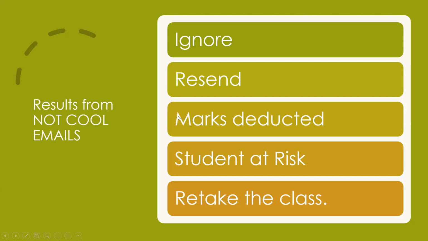Try to stay out of the realm where you get into issues, and using an email as a kind of protection for your wrongdoing. Sometimes students may also be put at risk. Student at risk means that they need to assess and maybe support you in different ways to get you up to par at the university level.